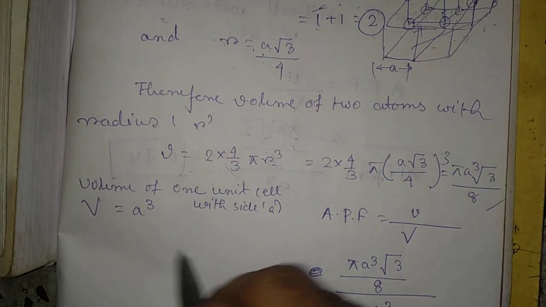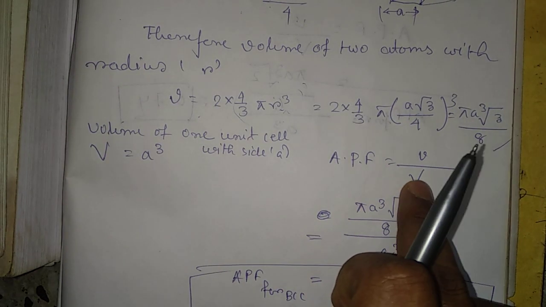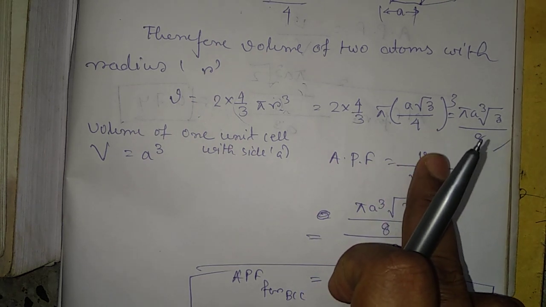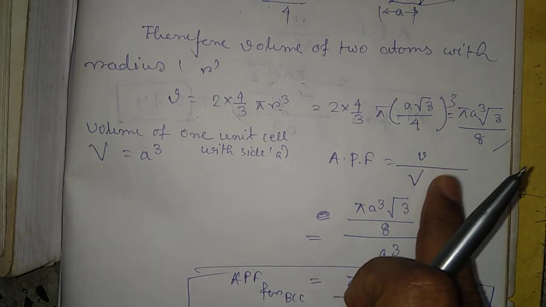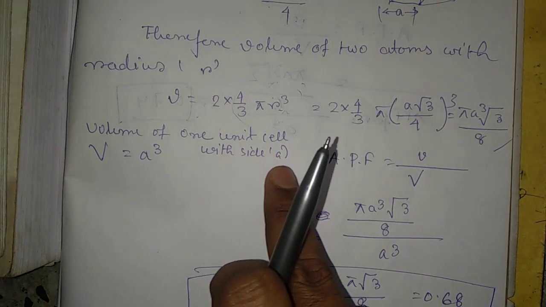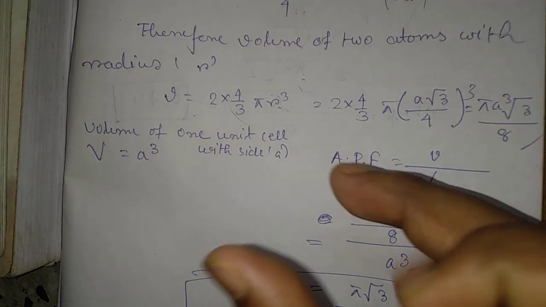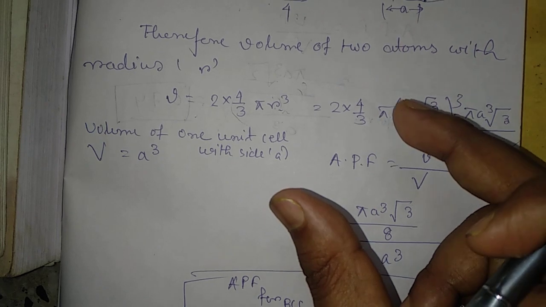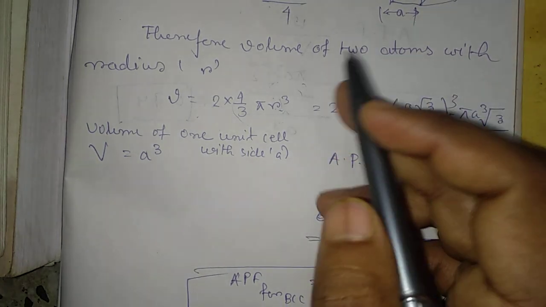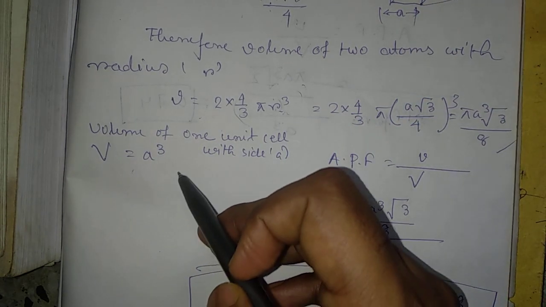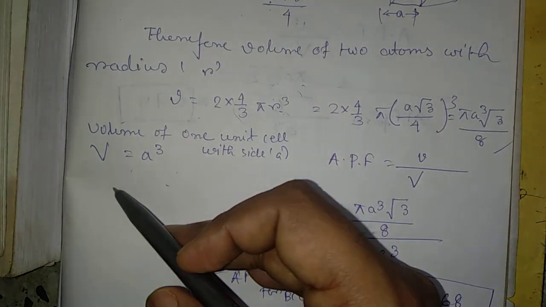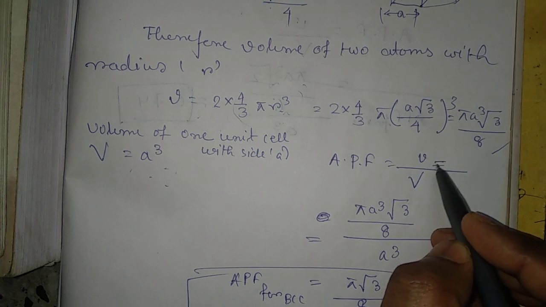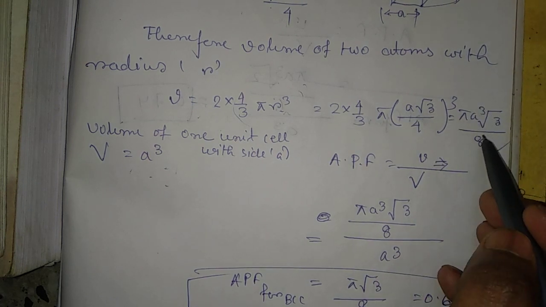Now, the atomic packing factor is the total volume of atoms divided by the volume of one unit cell. If the edge length or lattice parameter is a, then the total volume of one unit cell, capital V, is a cubed, as it is cubic in shape. The total volume of atoms is pi a cubed root 3 by 8.